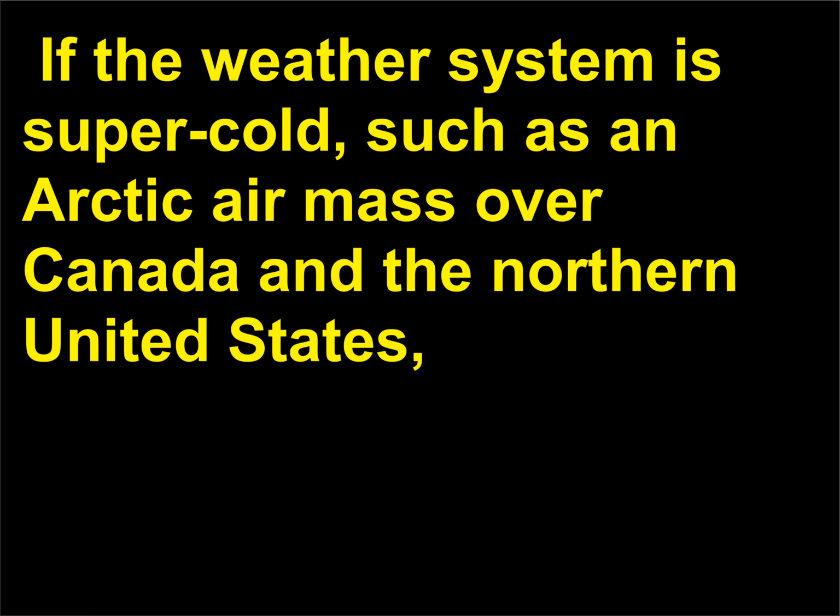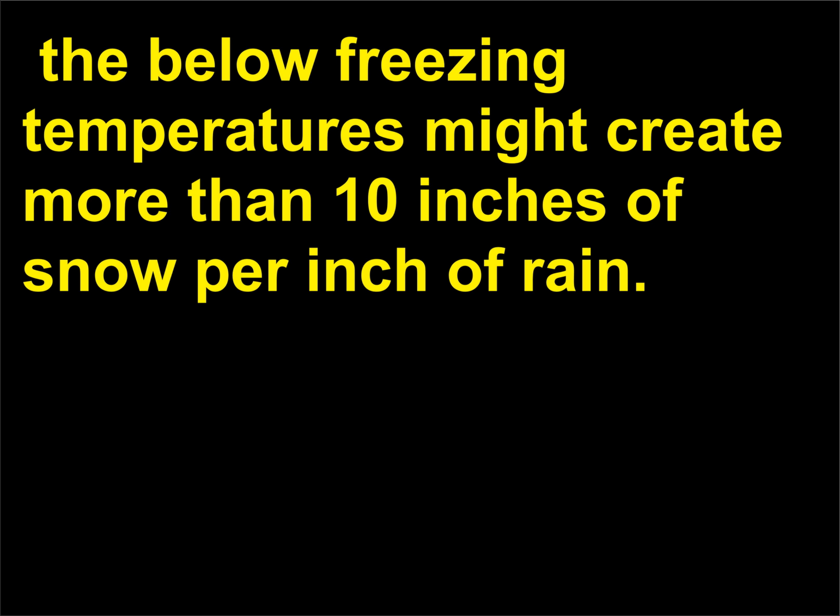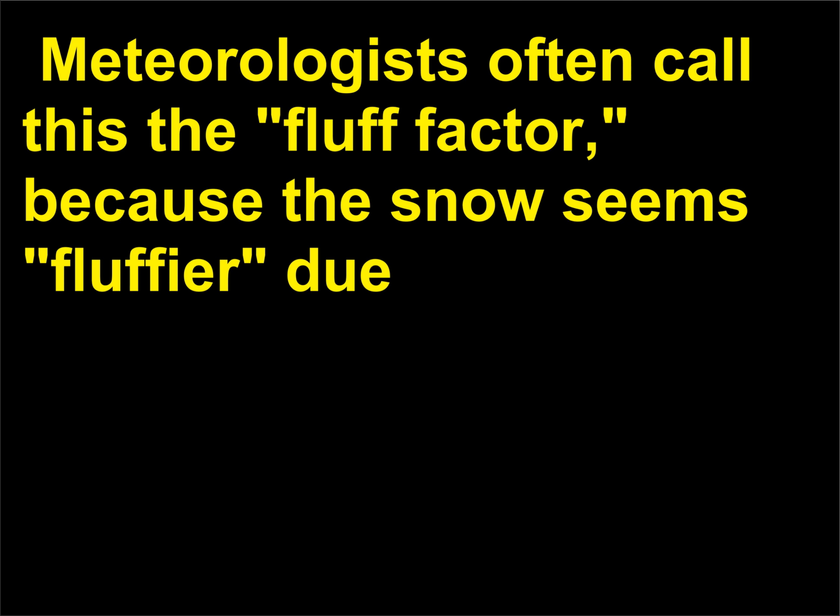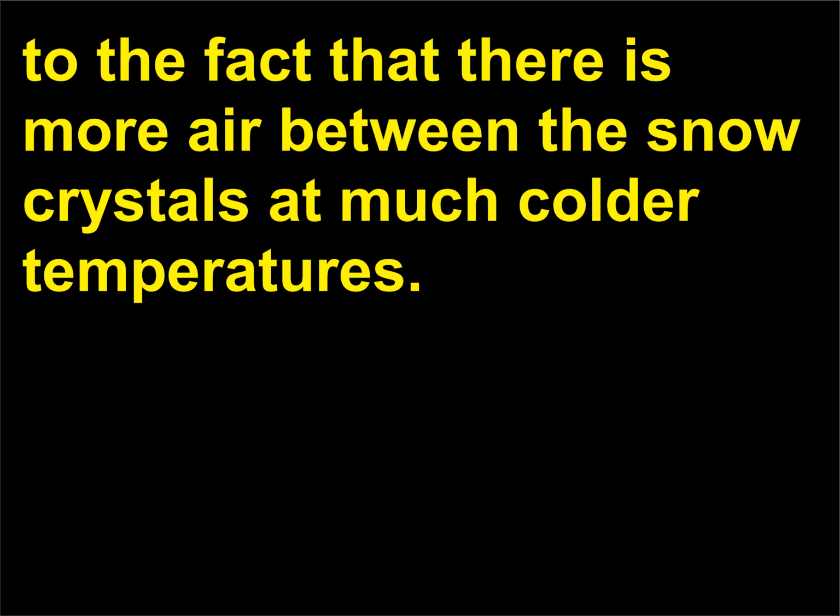If the weather system is super cold, such as an Arctic air mass over Canada and the northern United States, the below freezing temperatures might create more than 10 inches of snow per inch of rain. Meteorologists often call this the fluff factor, because the snow seems fluffier due to the fact that there is more air between the snow crystals at much colder temperatures.